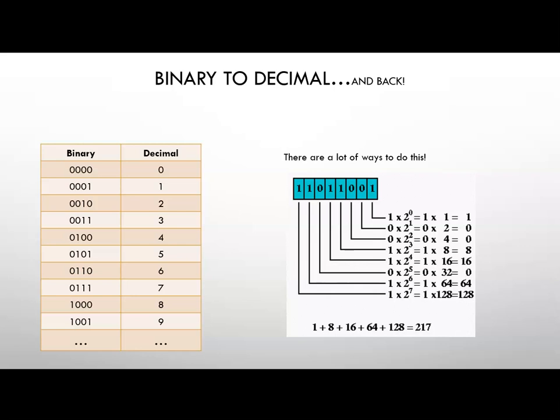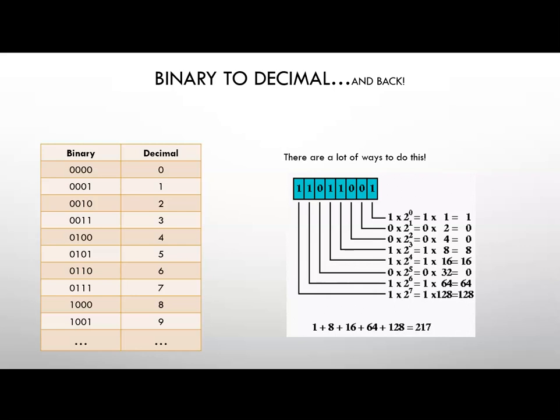There's a lot of ways to do that, and there's a lot of books that will teach you that you multiply the digit along the byte times 2 to whatever nth power it has, going from right to left along the number line, so that you start with 2 to the 0 times, in this case 1, 2 to the 1 times 0. That's a very, very difficult way of trying to remember how to do binary to decimal conversion. So I'm going to show you an easier way, and hopefully this will work for you.